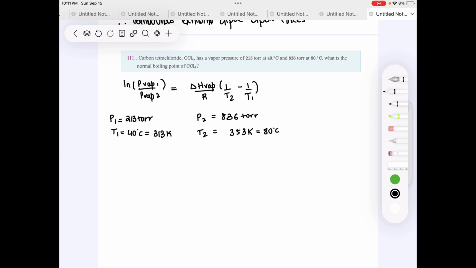Let us plug in these values in the equation.